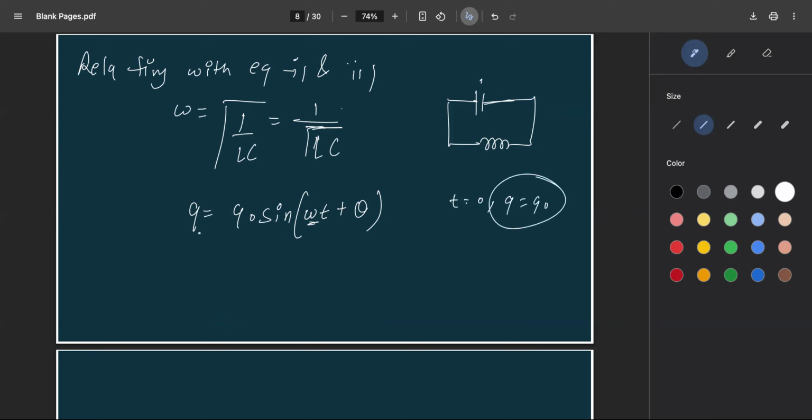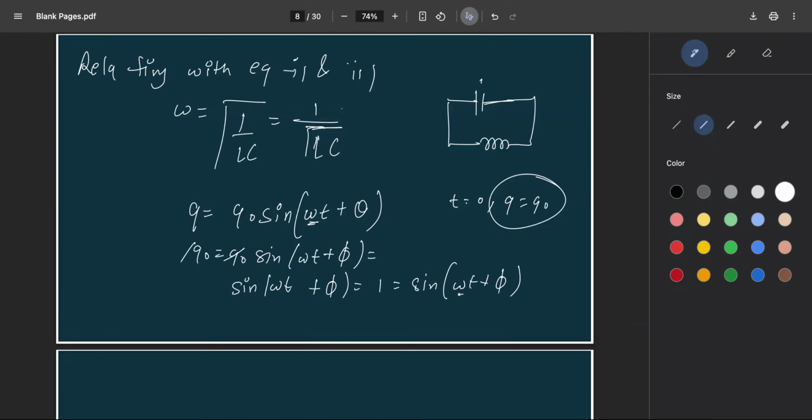So you can simply say, if I put q naught equals q naught sine of omega t plus phi, sine of phi comes out as 1, which means the inside thing is coming out as pi by 2.